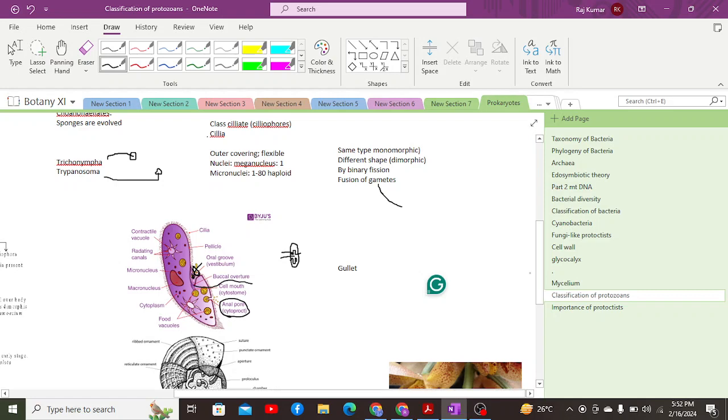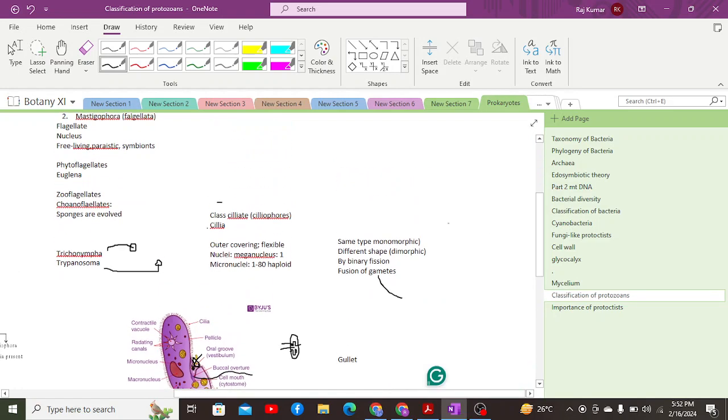Moreover, there are organisms similar to Ciliophora, belonging to the next class, Suctoria. Suctoria is a class of protozoans that have cilia only in their young stage, and in the adult stage they do not have any cilia.